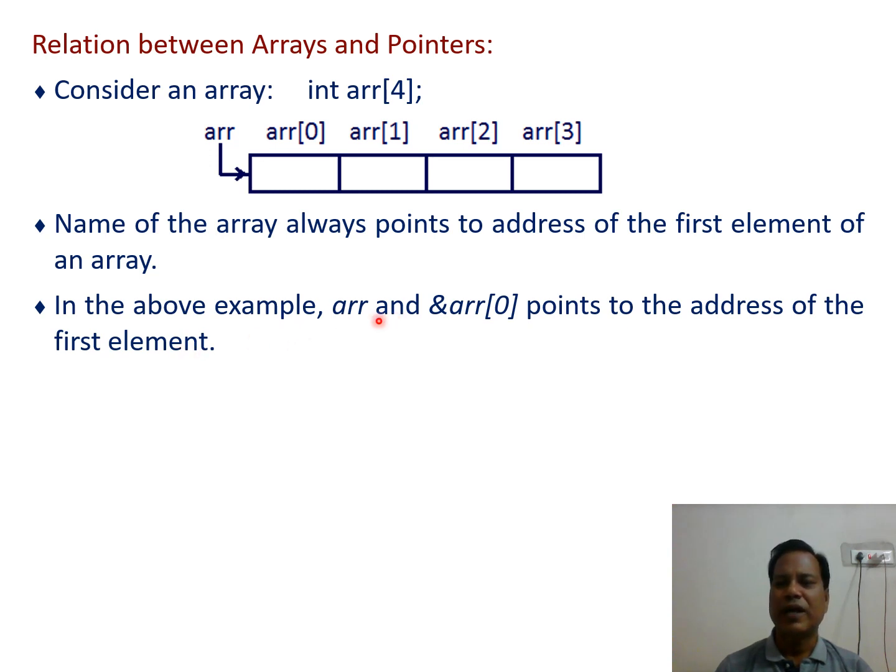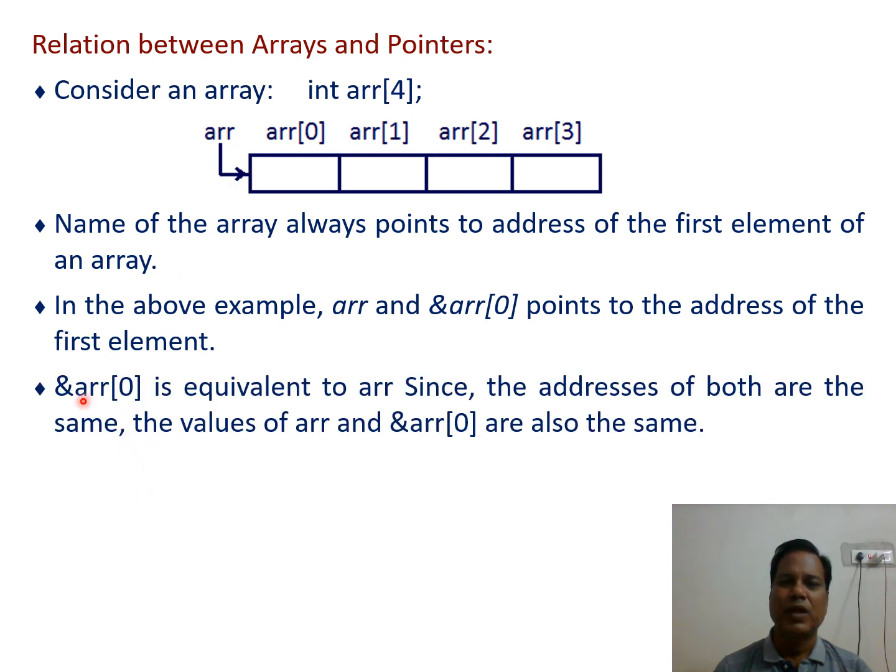So ar can be taken as a pointer that points to the address of the first element of the array. &ar[0] is equivalent to ar. Since the addresses of both are the same, the values of ar and &ar[0] are also the same.